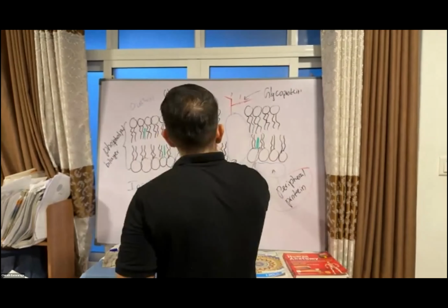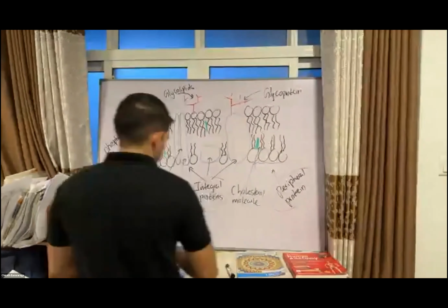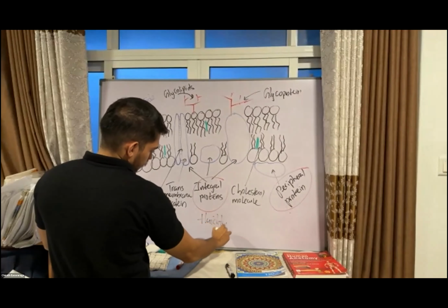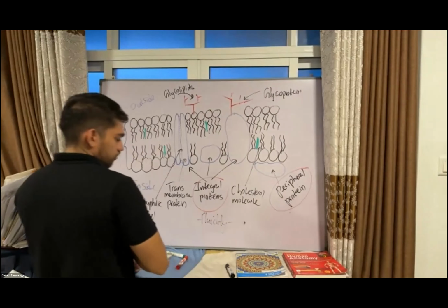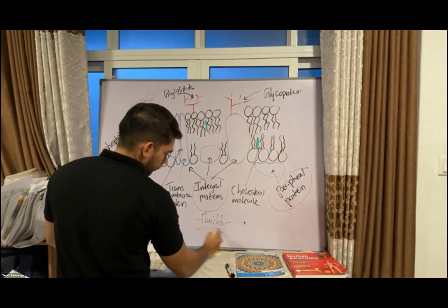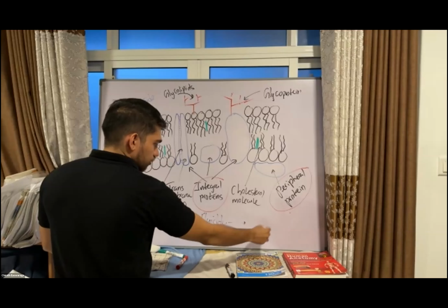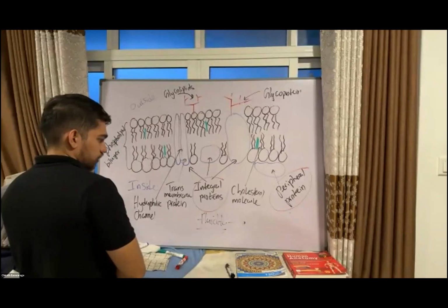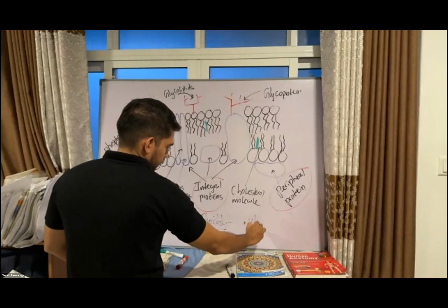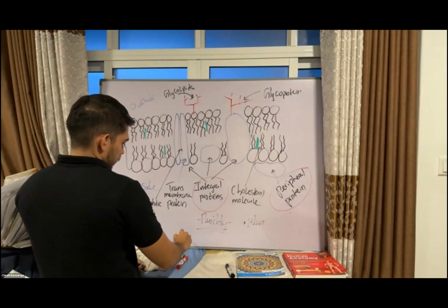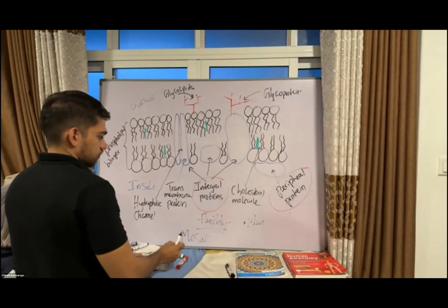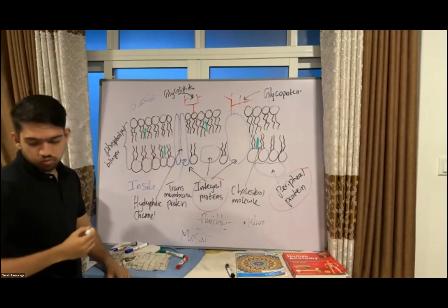Fluid, right? Fluidity, like this. Fluidity given by what? The phospholipids. Write fluidity, draw an arrow, given by phospholipids.